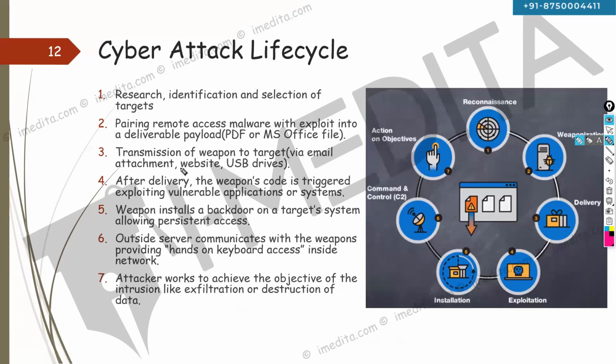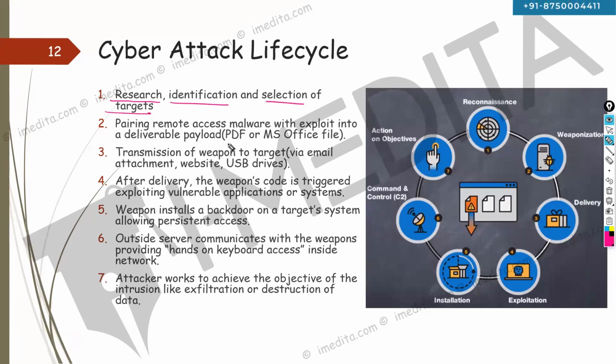Now next, they have added here the cyber attack life cycle. How attacks are launched. Just like Hollywood or Bollywood films, when we want to do any attack on any individual or organization, first of all, what will we do? Research. We will identify and select the target.